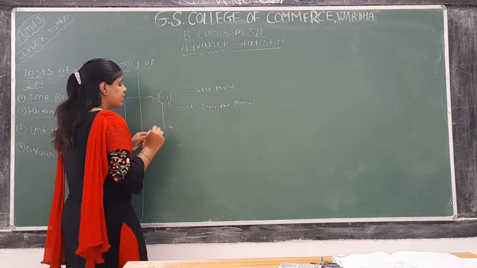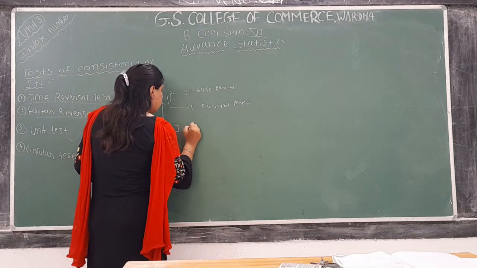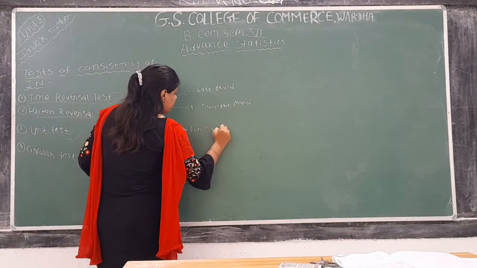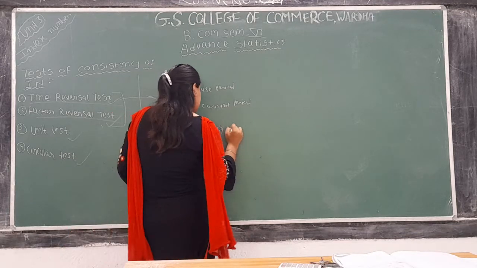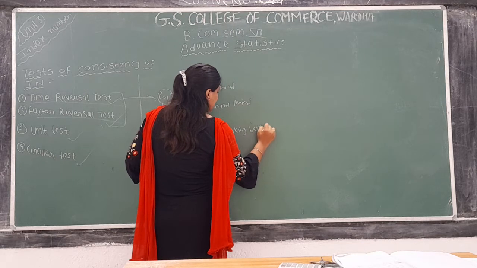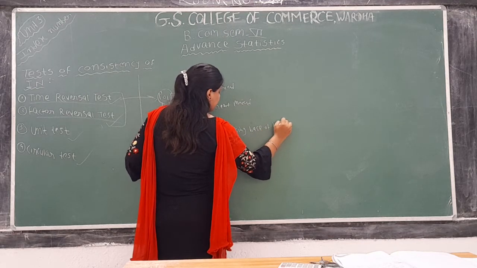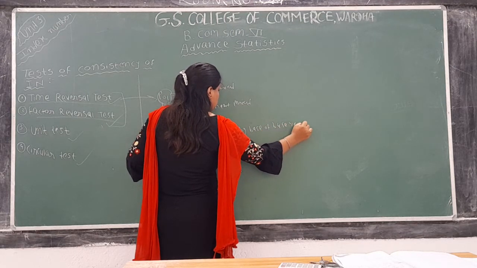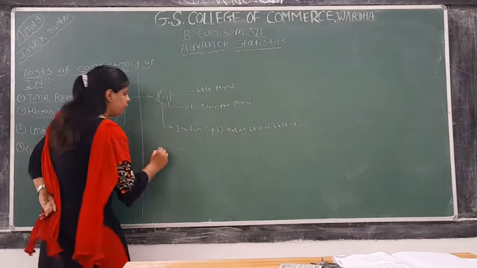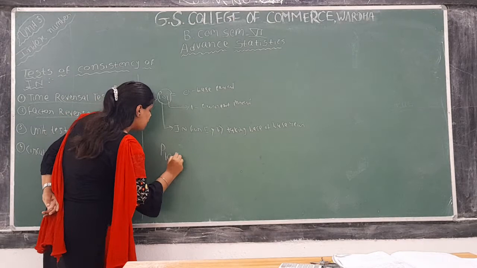We are calculating the index number for the current year by taking the base year as base. Okay.